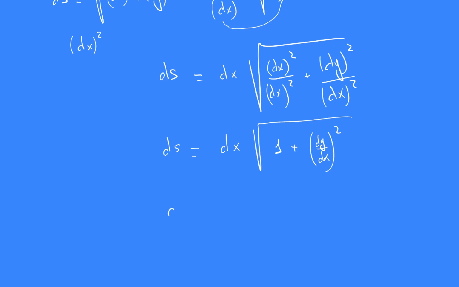So ds is the square root of 1 plus y prime of x squared, times dx. And this is the small length of the curve following y of x.